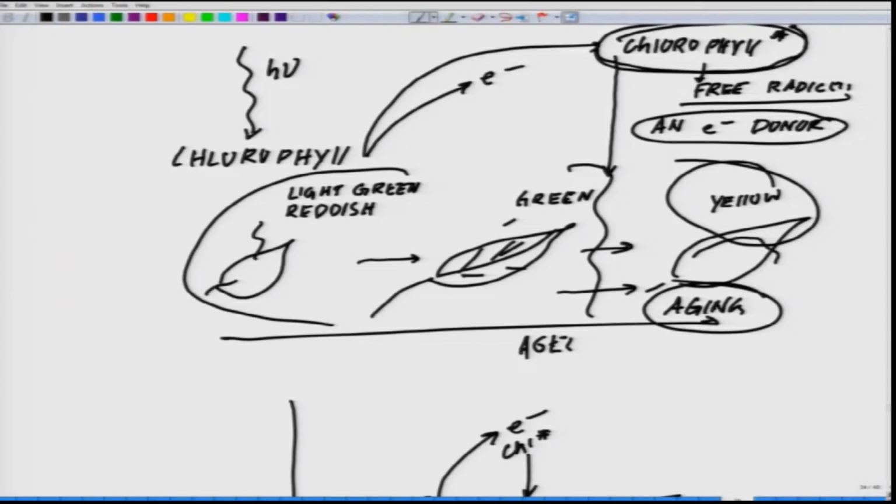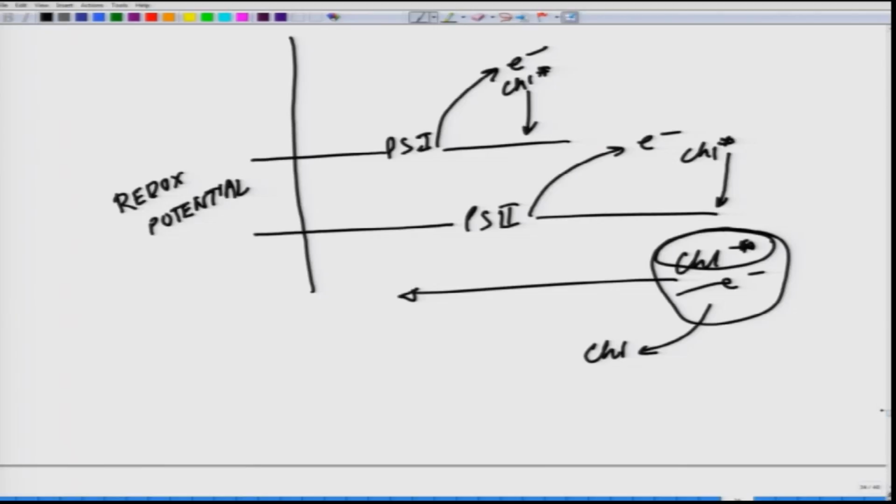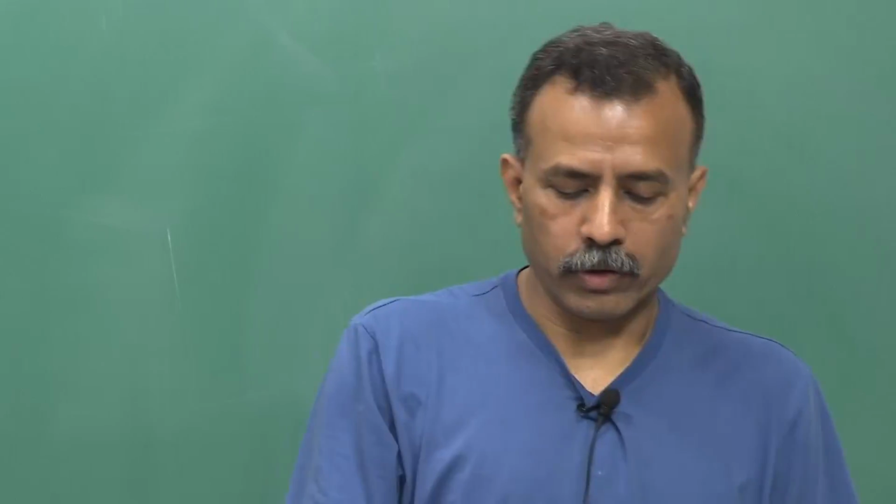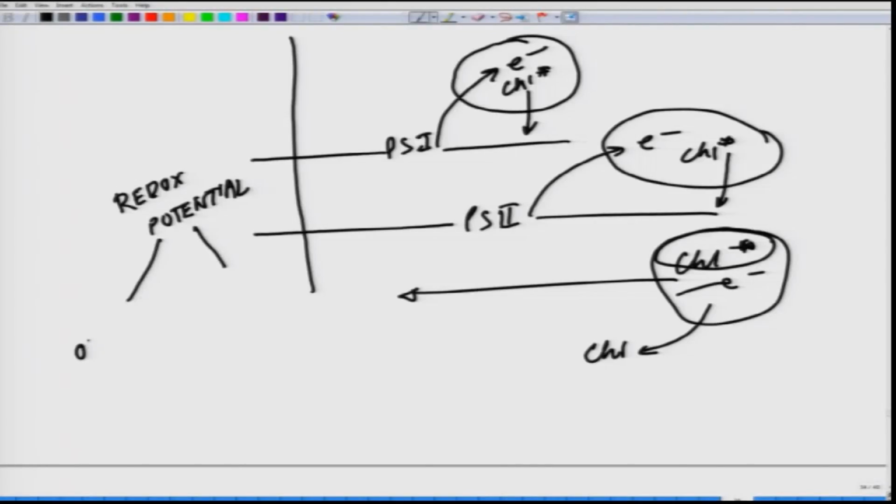So, what I wanted to highlight today is that electrons are ejected into this system, but electrons are generated from different redox potentials, which you can define either as oxidation potential or as reduction potential.